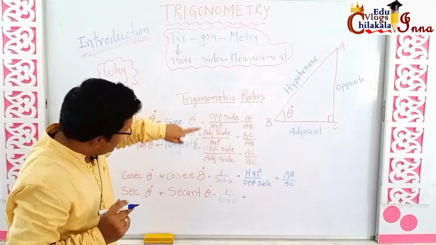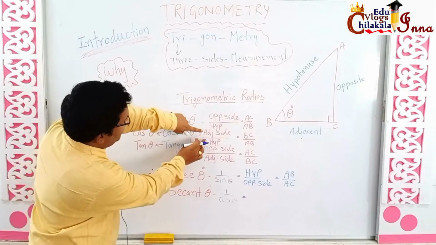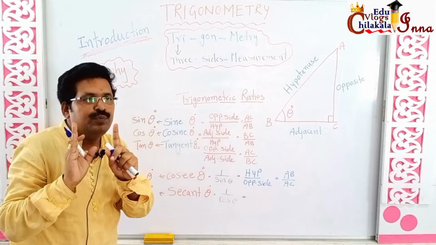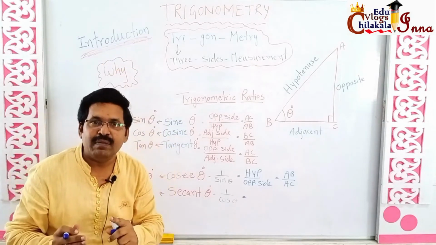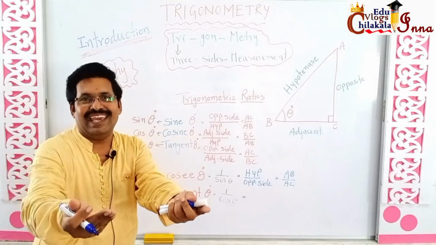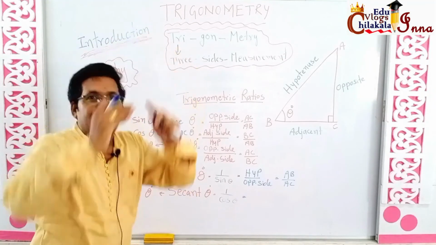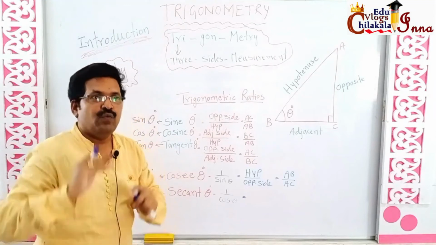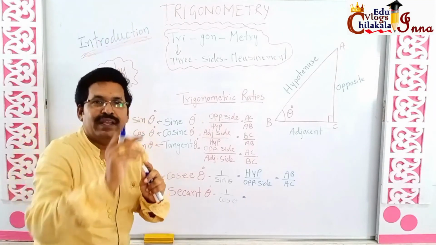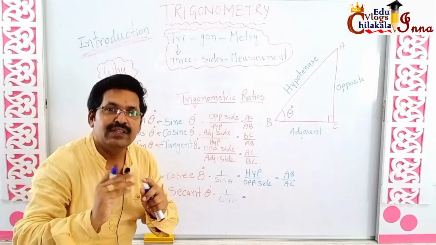1 by adjacent side by hypotenuse. Whenever you put a fraction in a denominator, 1 by a by b will become b by a. 1 by x by y will become y by x. 1 by 2 by 3 will become 3 by 2.